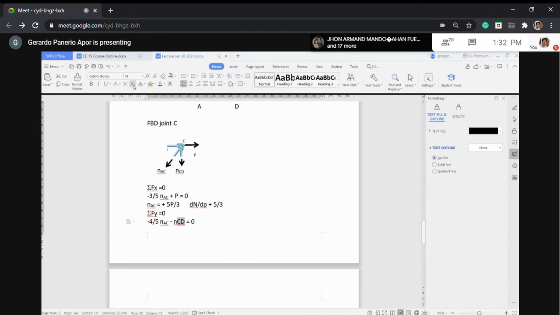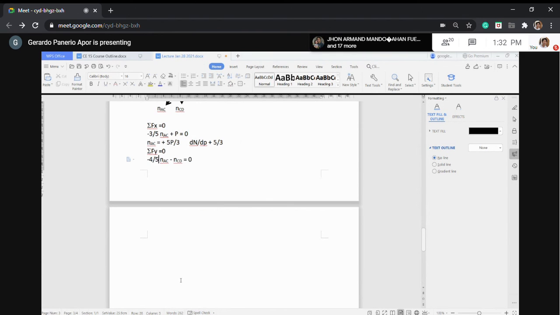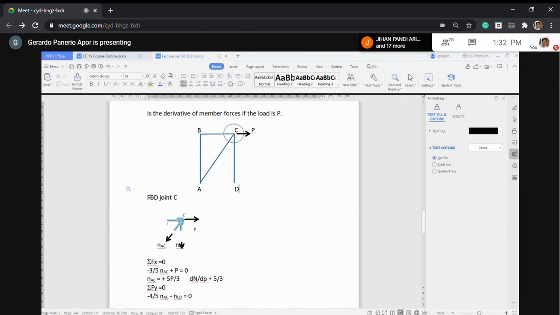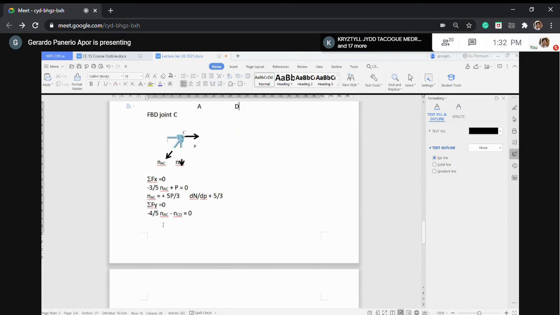So that is a subscript. Then we have N CD is equal to negative, no? Negative siya. Negative 4/5 of N EC.